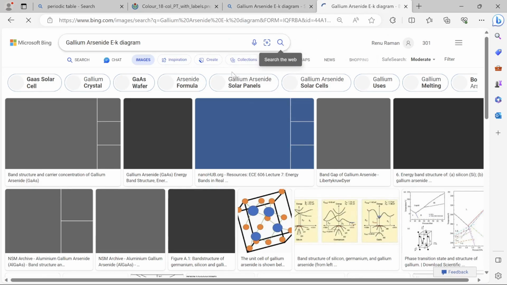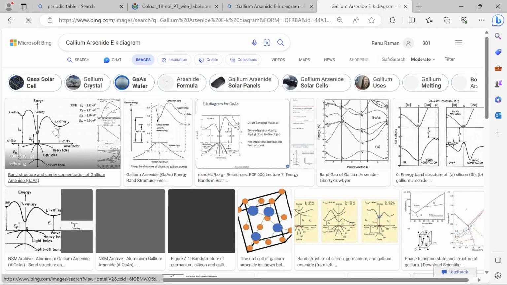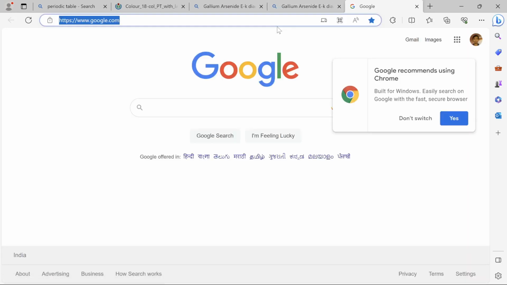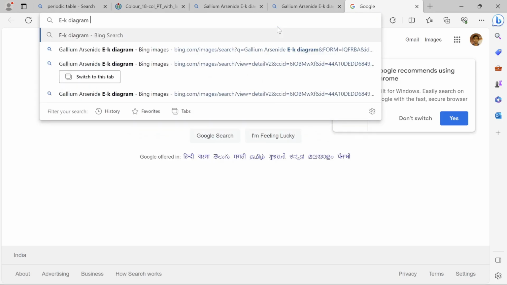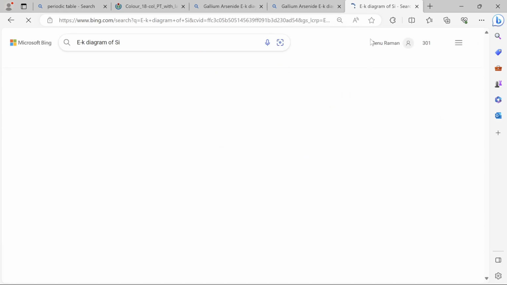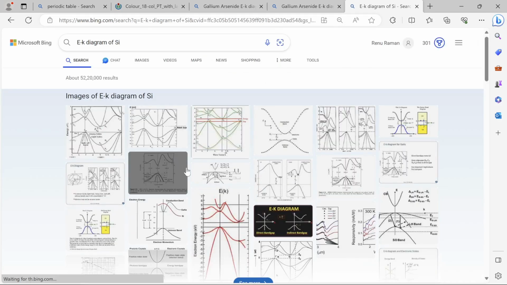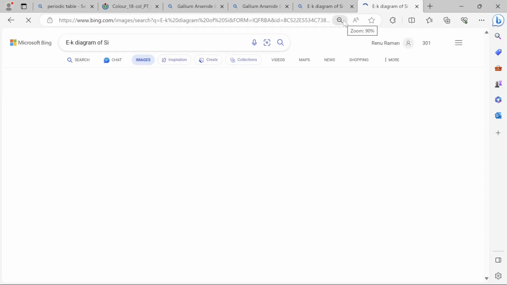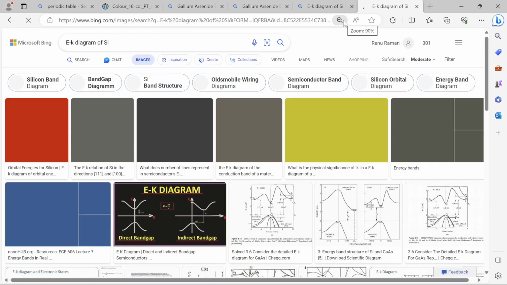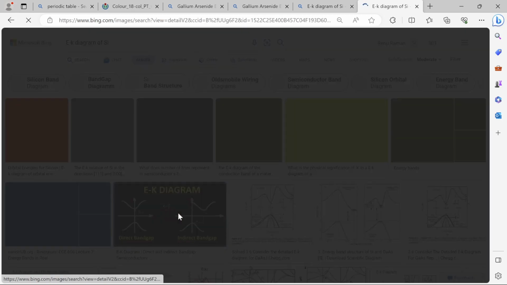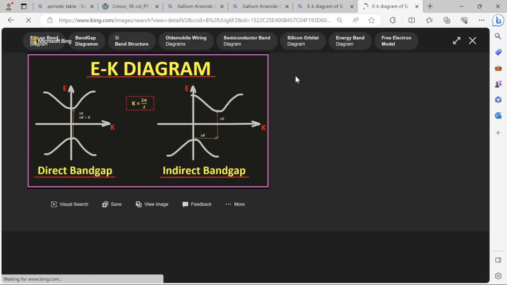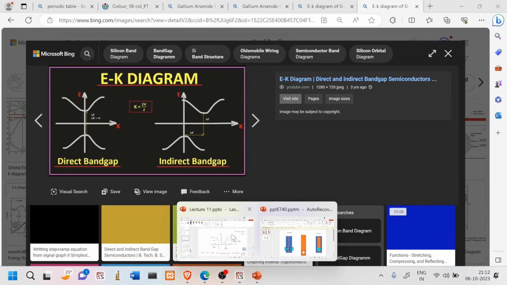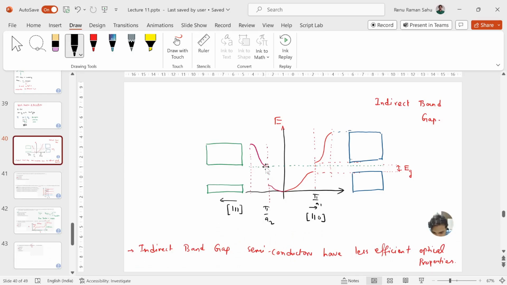Let me put up the E-k diagram of silicon as well. What we saw in this PPT was the base of this.